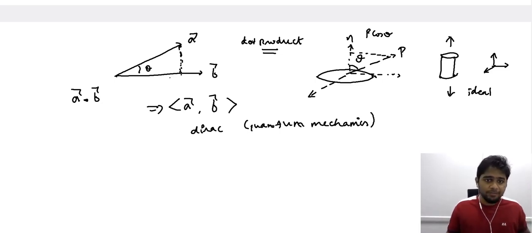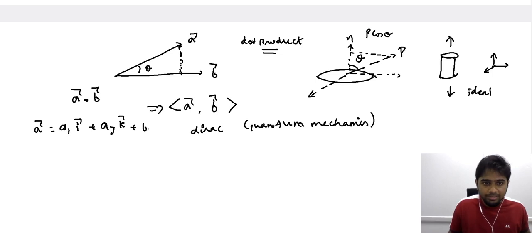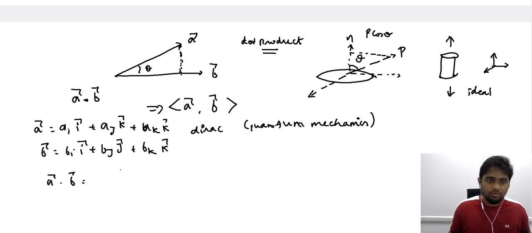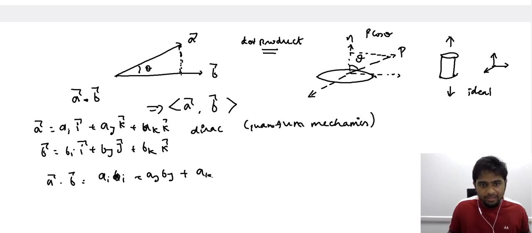So essentially, the dot product: if you have the A vector represented by AI, AJ, and AK, and similarly the B vector represented by BI, BJ, and BK, now the dot product of A vector dot B vector would be AI BI plus AJ BJ plus AK BK.